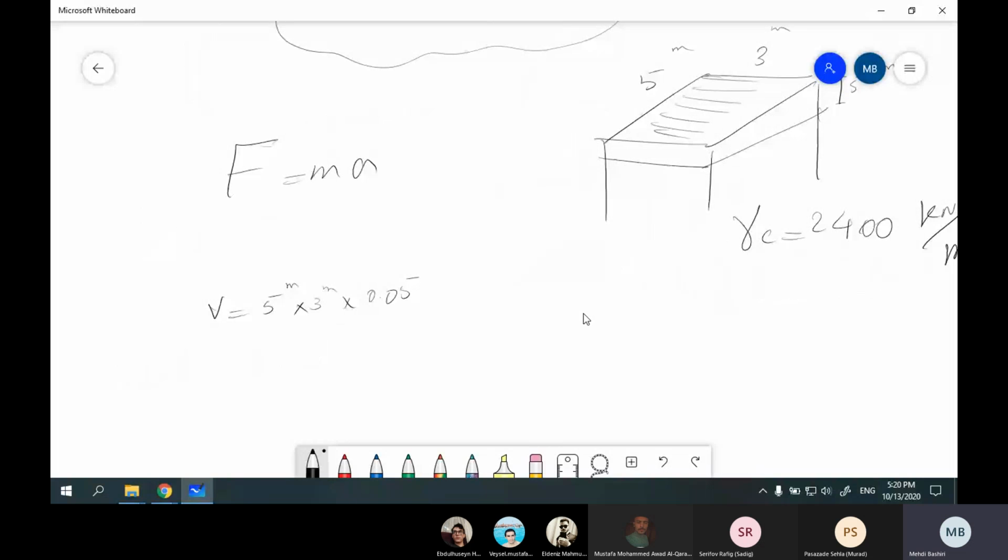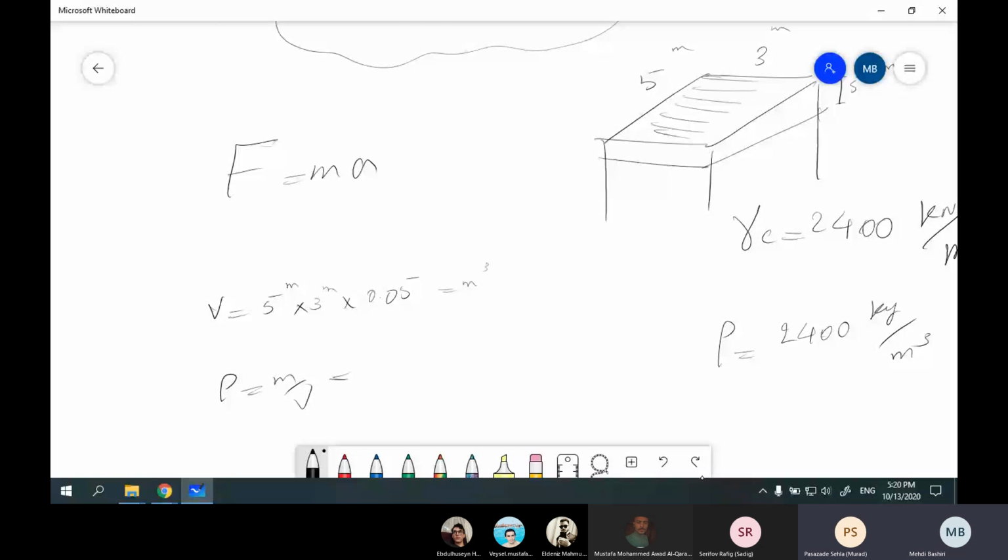So the mass of the concrete, or the density of the concrete, is kilogram per cubic meter. So rho is equal to m over v. This is clear? Yes.